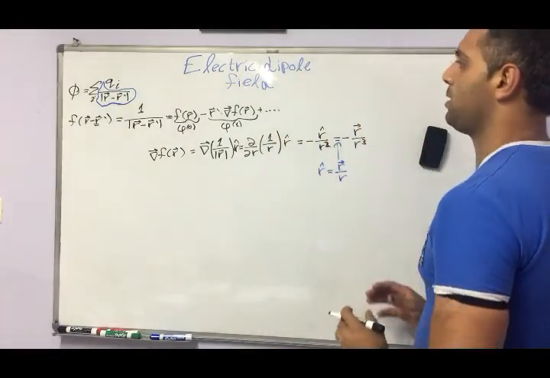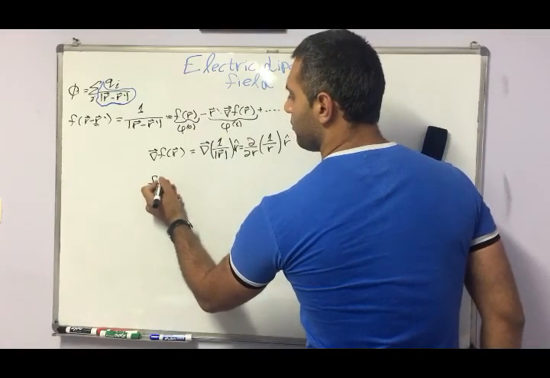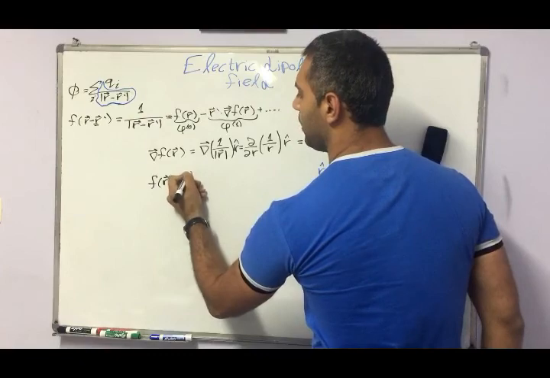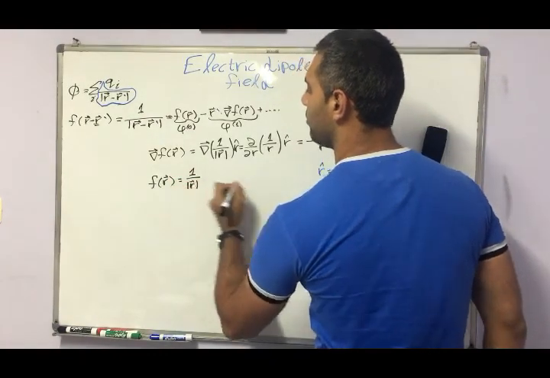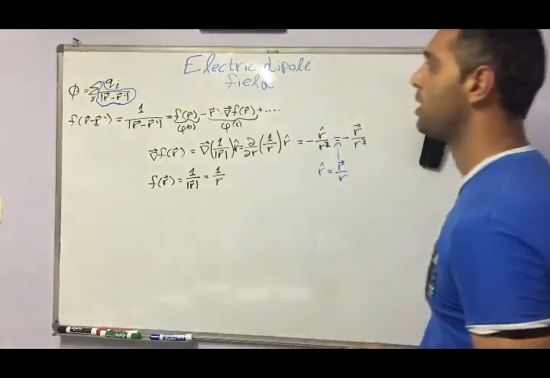And the first function is only 1 over the magnitude of r vector, it's 1 over r.